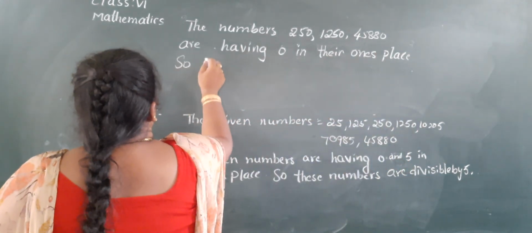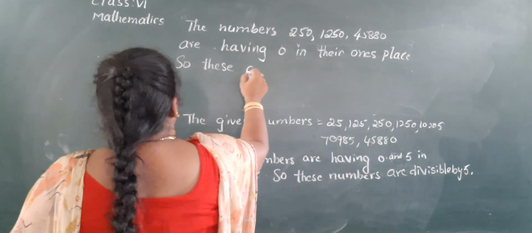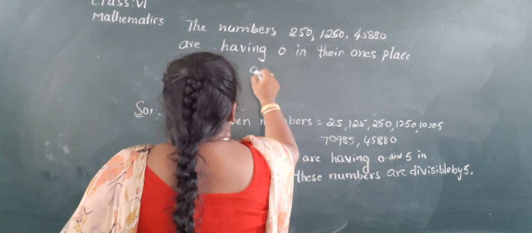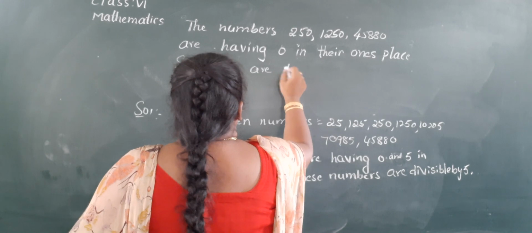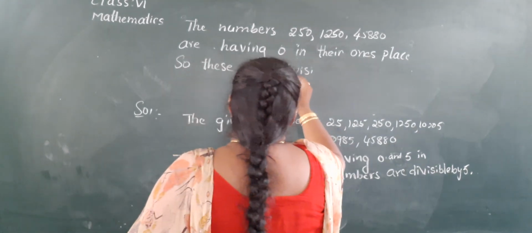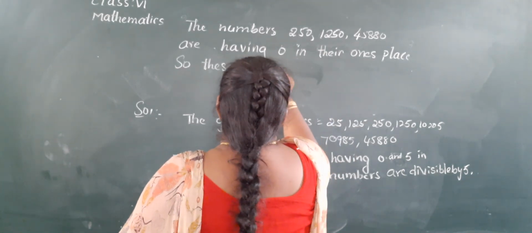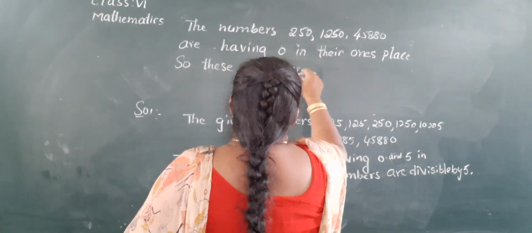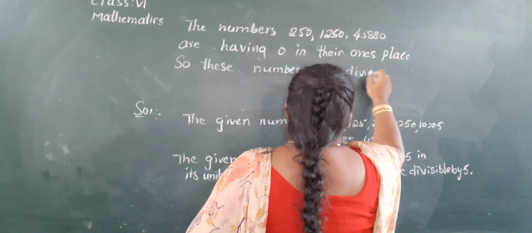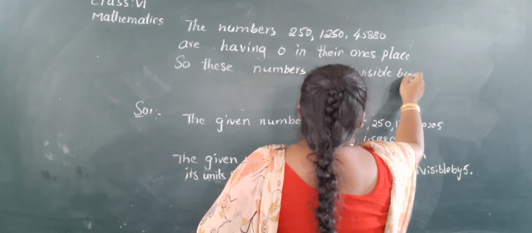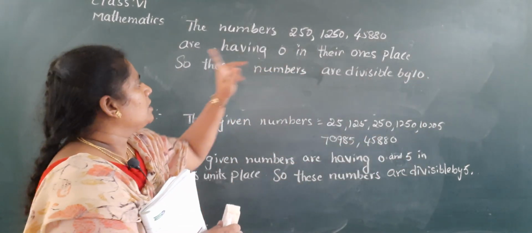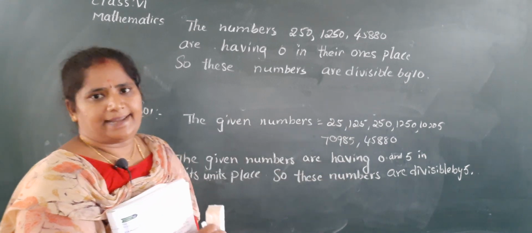So, these numbers are divisible by 10. Okay, Nana? Only these numbers having 0 in the ones place. So, these numbers are divisible by 10.